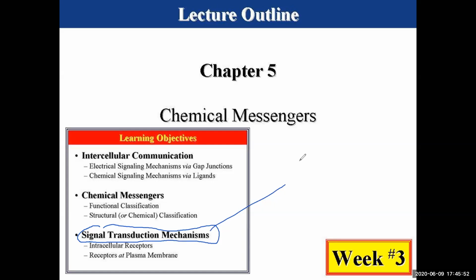So this is basically a cascade of events, a cascade of molecular signals leading to inducing a target cell to respond to a messenger. And in this case, it can be an electrical messenger, it can be a chemical messenger.